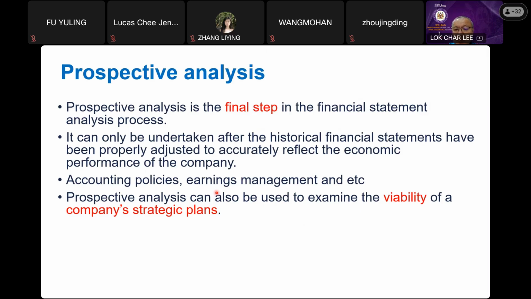So it could involve some adjustment on the policies or adjustments on the accounting practice. We call that earning management. Many companies have some issues with the shareholders. Maybe they need to show better profits or assets, so it could create some potential earning management in the financial statement.